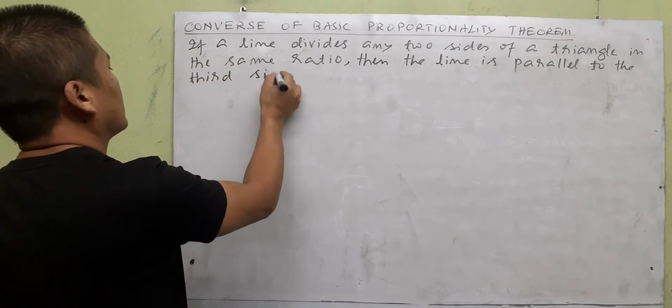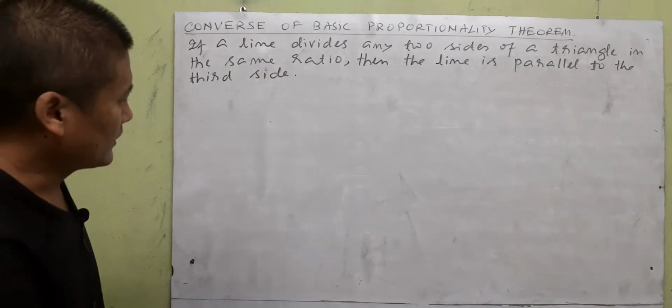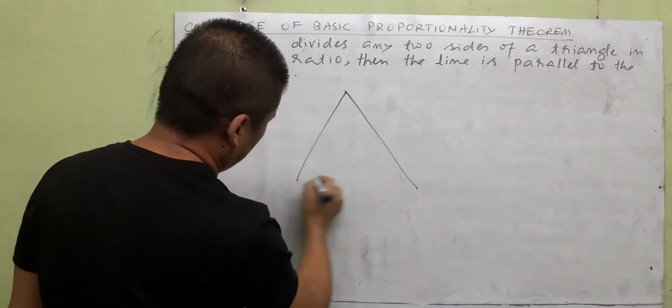So to understand this, let us draw a triangle. Let us say this is the triangle ABC.